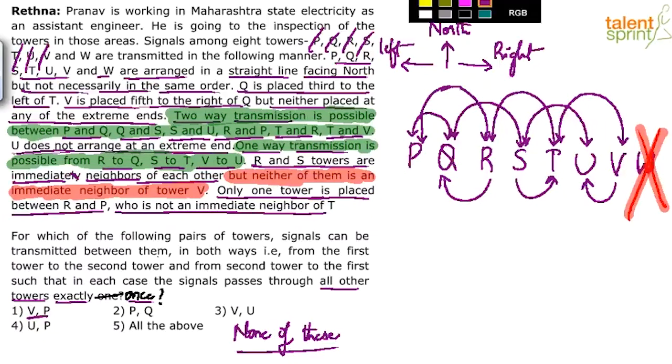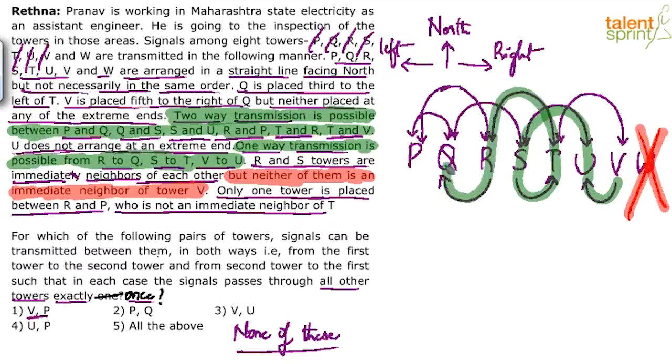My only concern is that if I use a highlighter, it will become too messy, but let me show you with one example. You can try the other ones. The communication from V to P: V to U, U to S, S to T, then T to R, R to Q, and Q to P. The signal has passed through each tower exactly once.